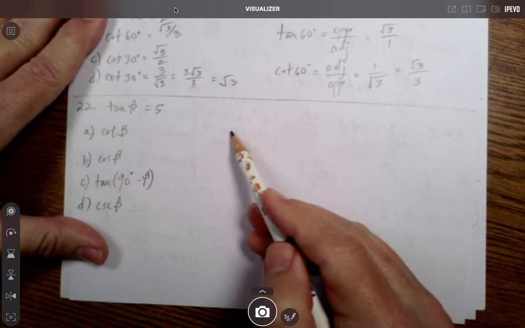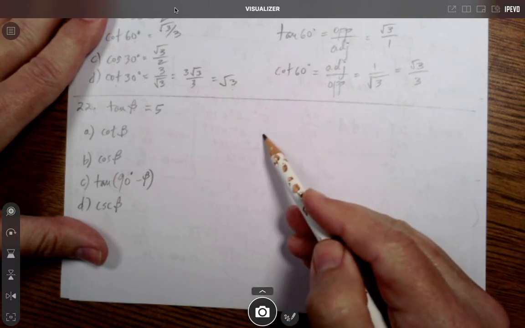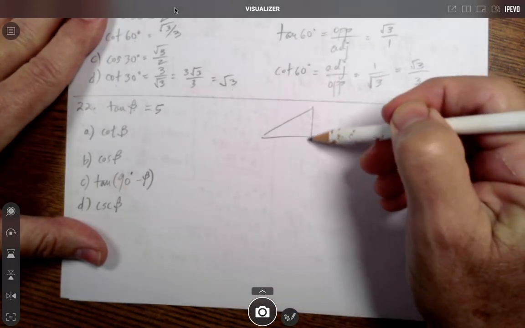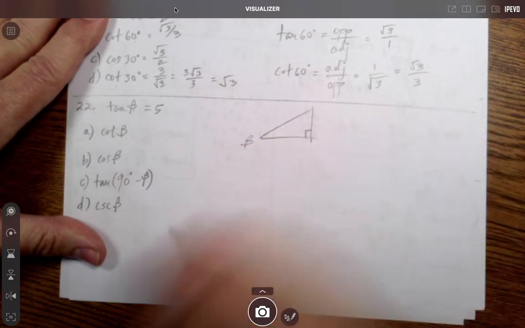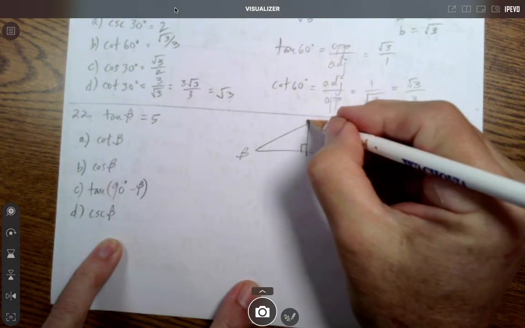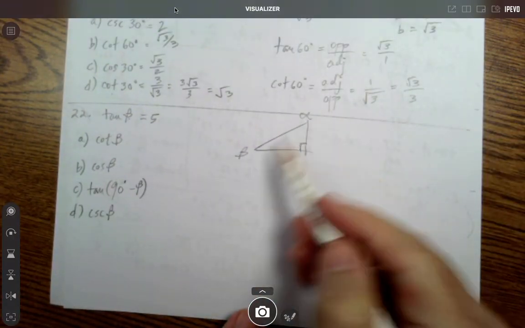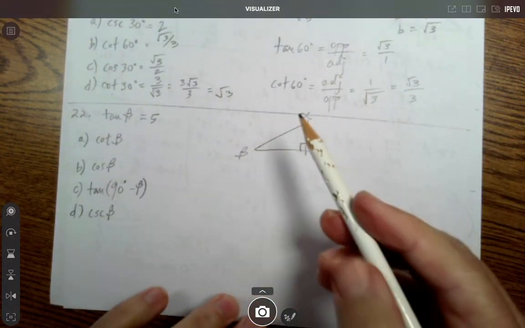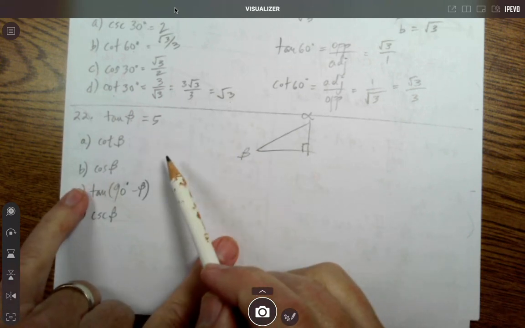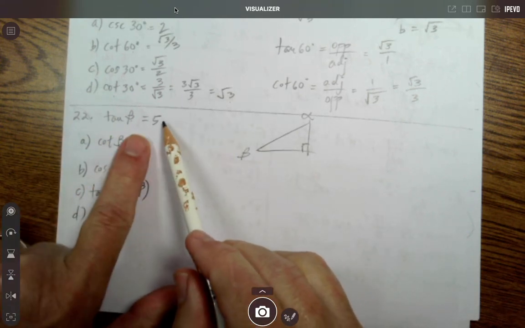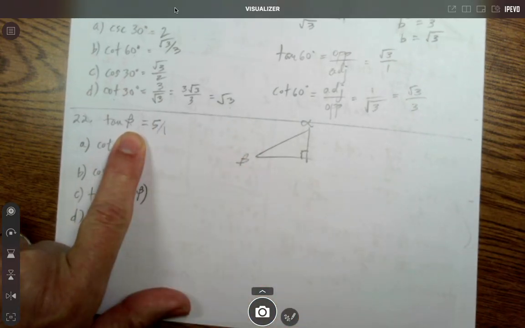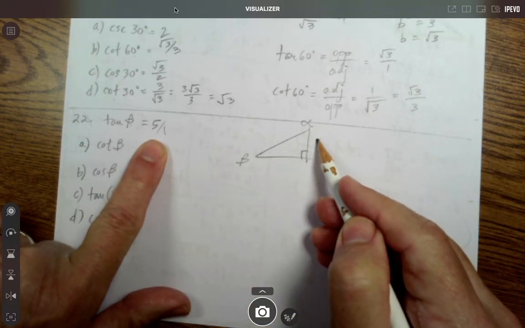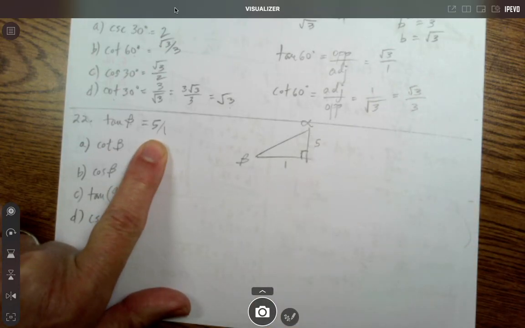So here's the triangle. All right, and we'll call this beta. And we call that one alpha if we want, so like A and B. So if the tangent is 5, think of that as 5 over 1, then that means if this is 5, then this is 1, right?